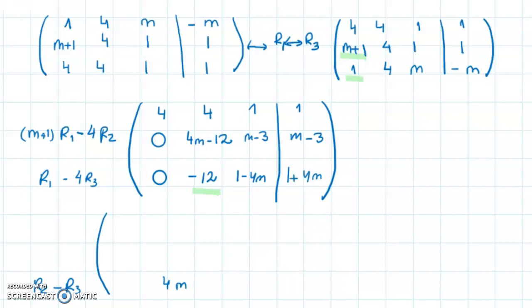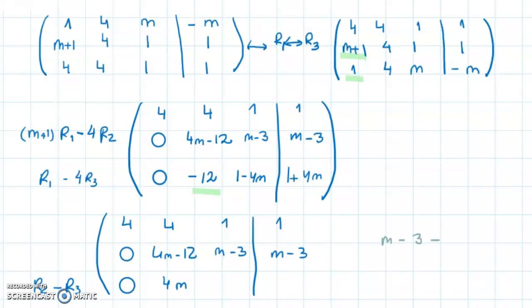Let me just first write that everything else, the first row, 4, 4, 1, 1, stays the same. And the second row as well, 0, 4m minus 12, m minus 3, m minus 3. The 0 stays the same because I'm operating with 0 minus 0, that's fine. Then for the next entry, I'm going to have m minus 3 from the second row minus 1 minus 4m from the third row.